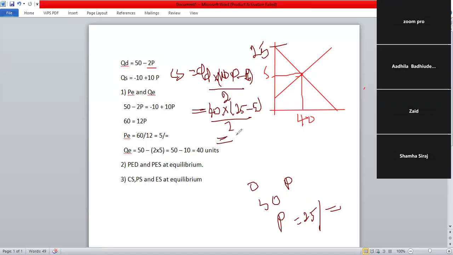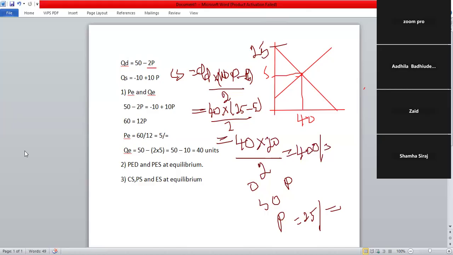Then if you have doubt, please tell. 40 into 20 over 2. So then consumer surplus becomes 400 rupees. Okay? Consumer surplus 400. That is at equilibrium. Right?